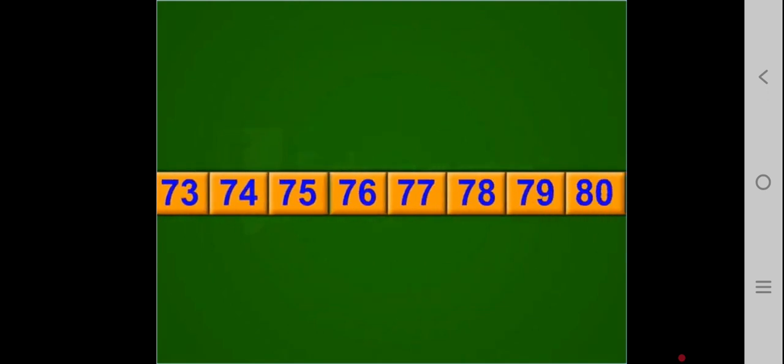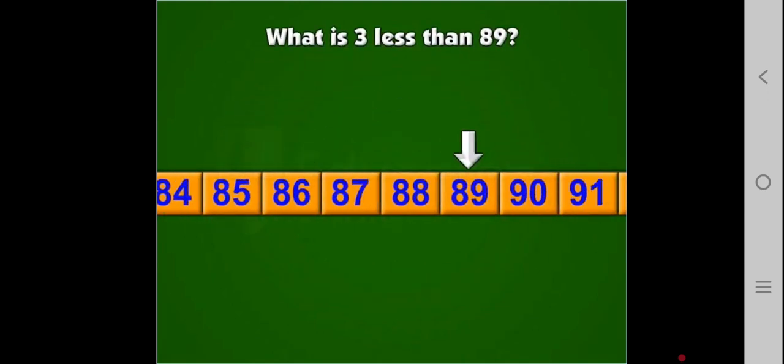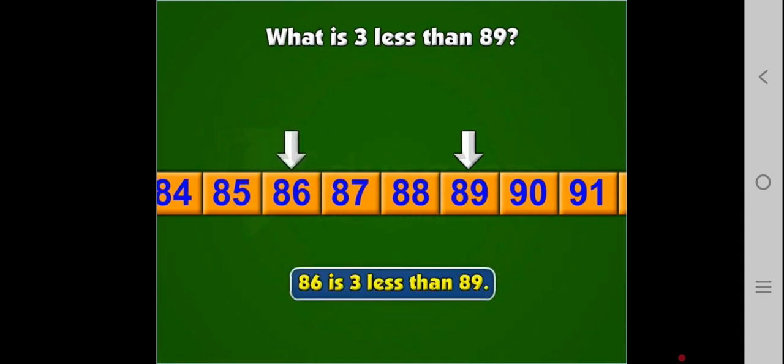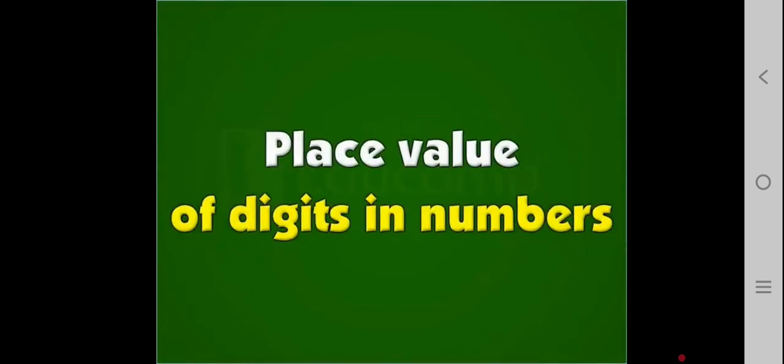Let's take another number. What number is 3 less than 89? 86 is 3 less than 89. Again on the counting tape, we can see that 86 is smaller than 89. You've already learnt about the place value of digits in numbers.